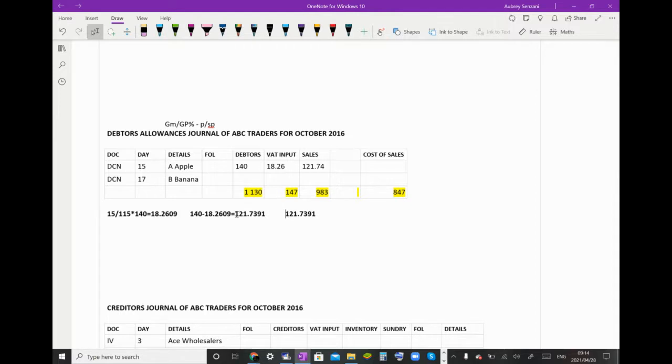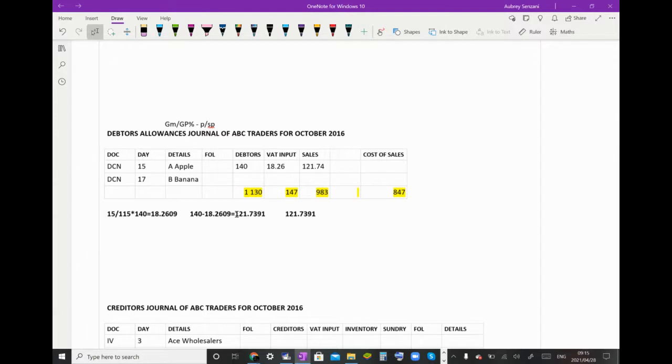And you see, in this transaction, they didn't give us the markup or the gross margin. So what do we need to do? We need to then look at the transaction, and there you see it says the third. All right, and we see it was with A Apple. So we need to go back to the third, and you see there the markup was 25%. Okay, so then we know, okay, that's the markup that we now need to use to calculate our cost of sales.